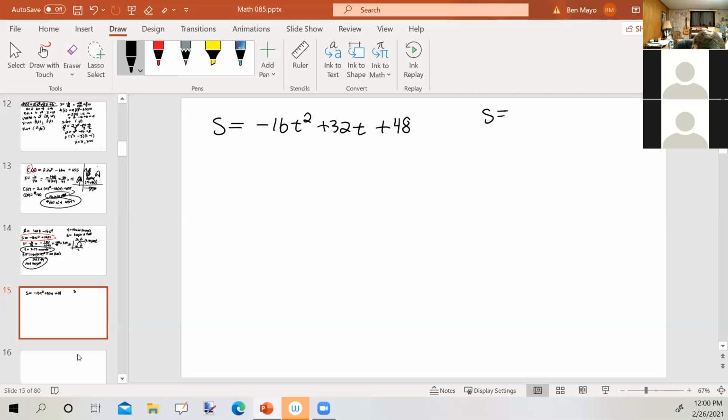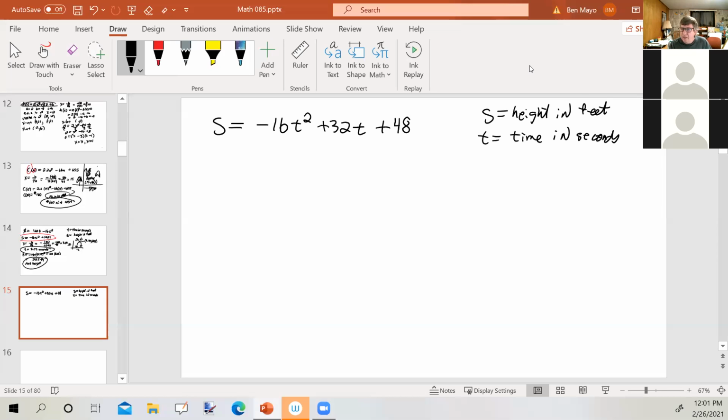So S again is height, and this is in feet, and t is time in seconds. Okay.